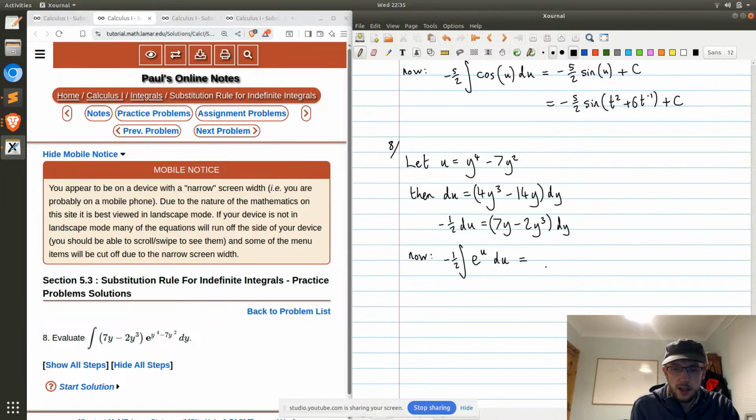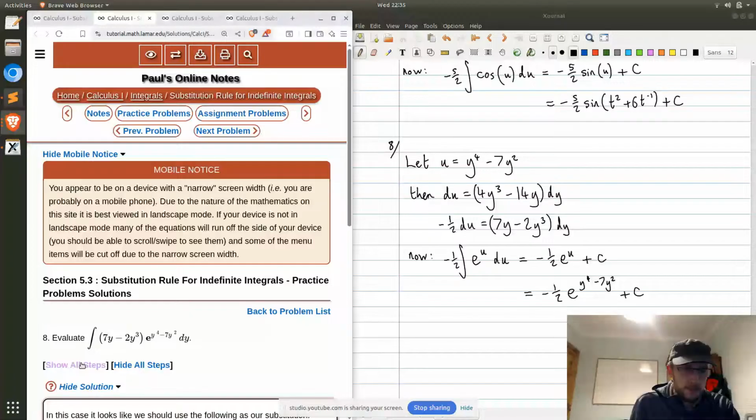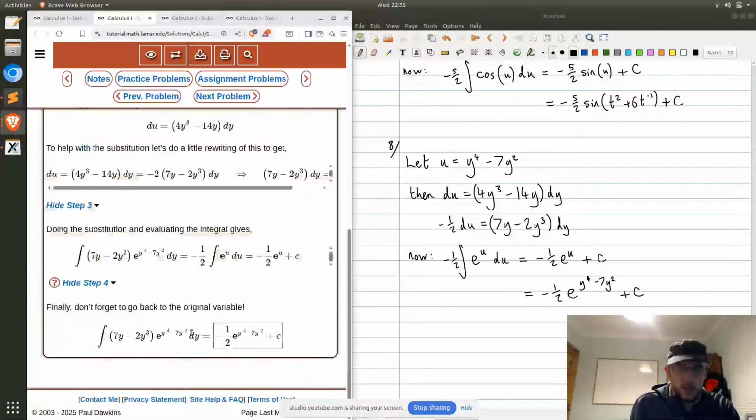The integral of e to the u is e to the u, so negative a half of e to the u plus c, and so negative a half of e to the y to the 4 take 7y squared, all plus c. That's correct.